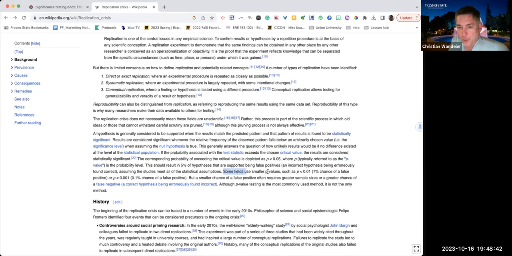And they talk about how some fields use smaller p-values such as 0.001, but you get a smaller chance of false positives. So you're testing stricter. False positive is type 2 error.